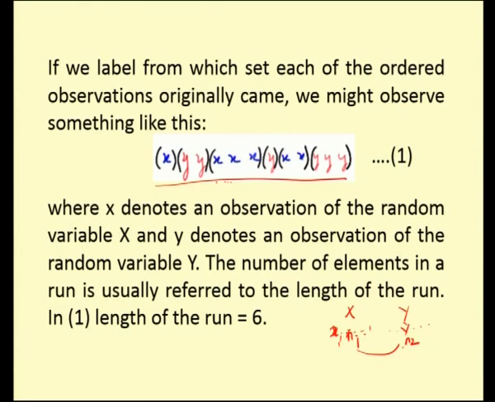You land up like this, and here you combine, putting a parenthesis around the equal values. You find that the runs are counted 1, 2, 3, 4, 5, 6, so the length of the run is going to be 6.